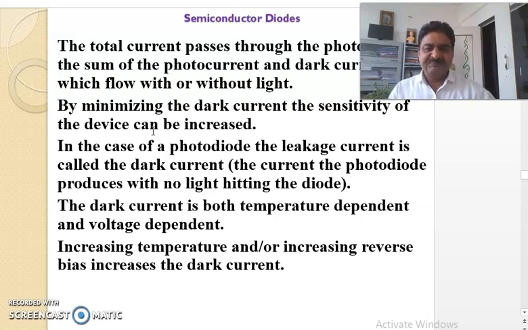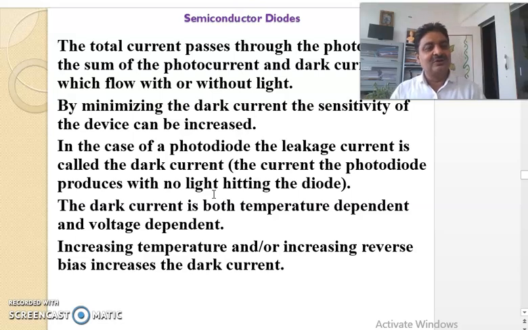In case of photodiode, the leakage current is called dark current. So you may ask, what is dark current? Whenever there is a leakage of current through the photodiode, that is said to be dark current. The current the photodiode produces with no light hitting the diode. The current which is produced by photodiode whenever no light is incident on it, such a current is said to be dark current.